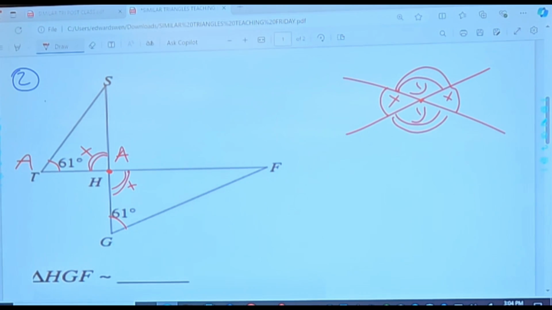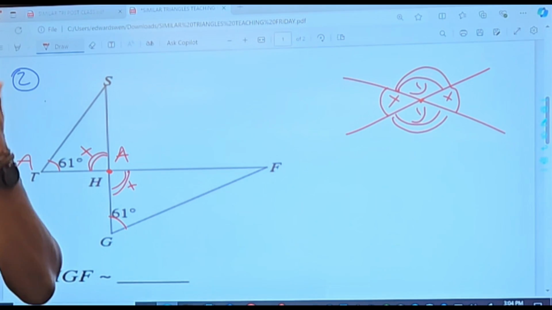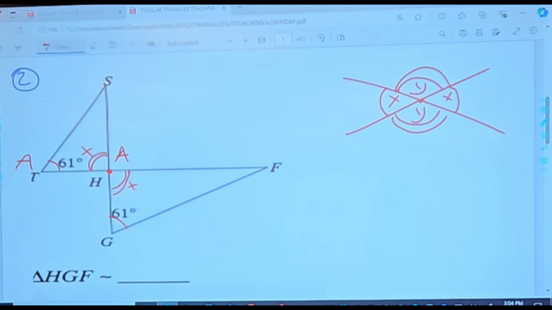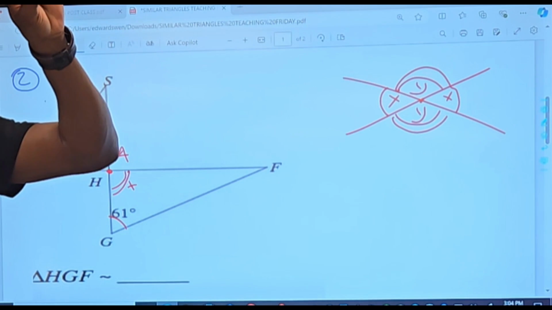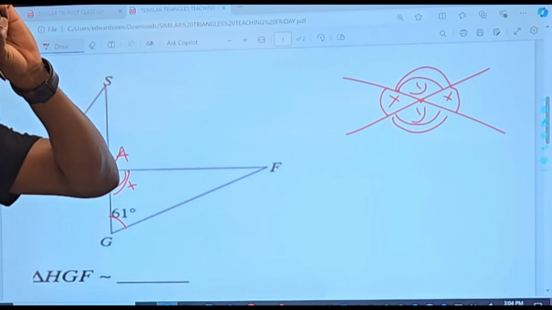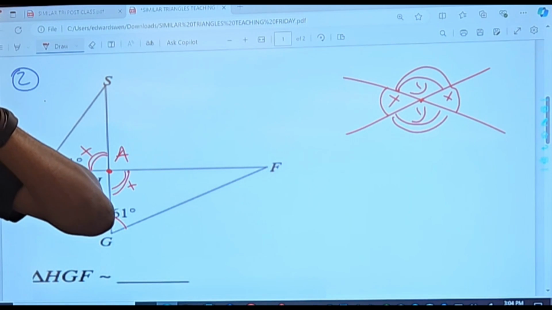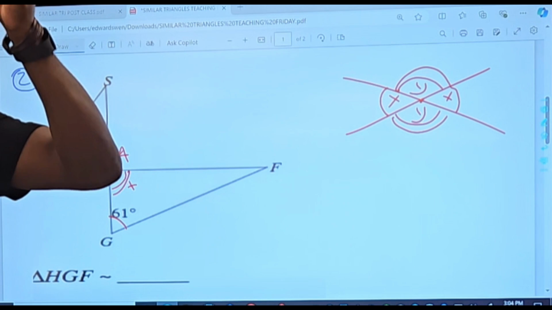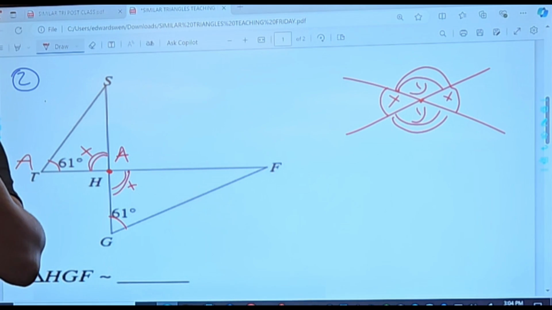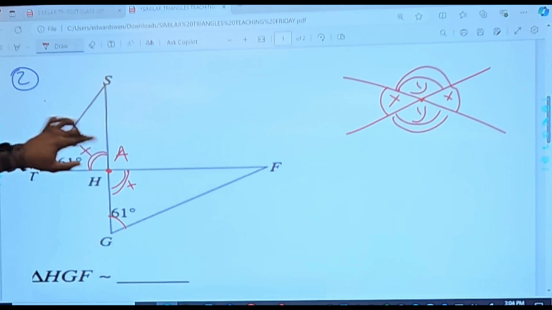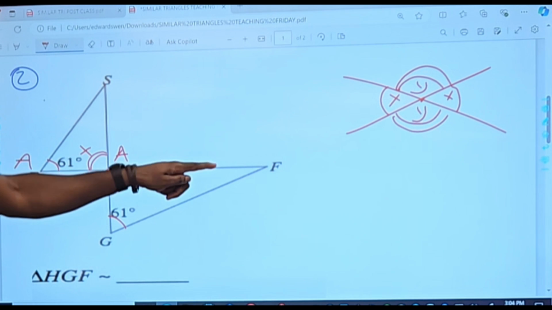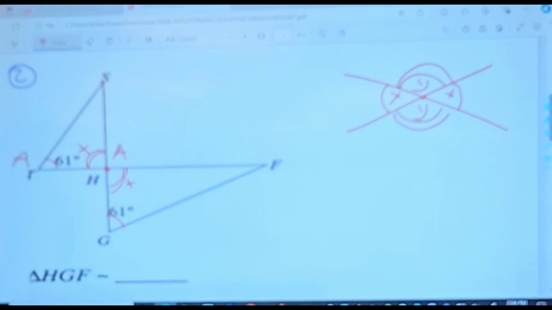So think about this. How many angles are in a triangle? 3. And if we realize that 2 are already congruent, isn't it natural that the third one will be the same? Because the total interior angle will go to 180. So if these two are the same already, then the third one is naturally the same. So we don't need to prove that.